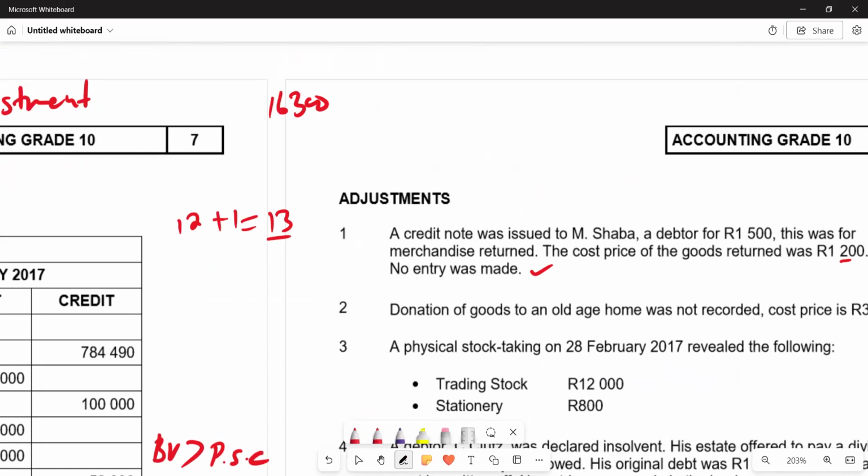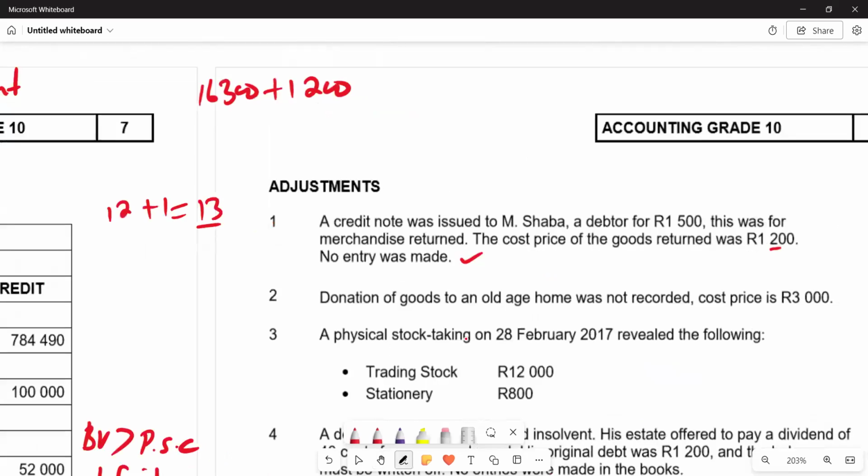So 1,200 is going to be added to increase our figure for closing stock, or our book value. And then we check any other adjustment. We also have donations of goods to an old age home that were not recorded. So these goods went out, at a cost price of 3,000. They reduced our stock, so it's minus 3,000.